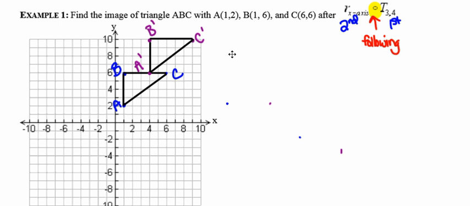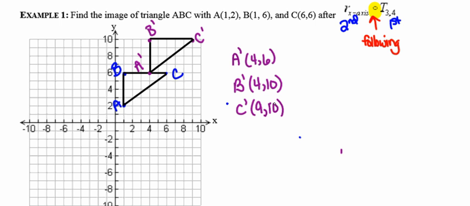I am going to take a minute to write down those new coordinates. A prime has coordinates 4, 6. B prime has coordinates 4, 10. And C prime has coordinates 9, 10.